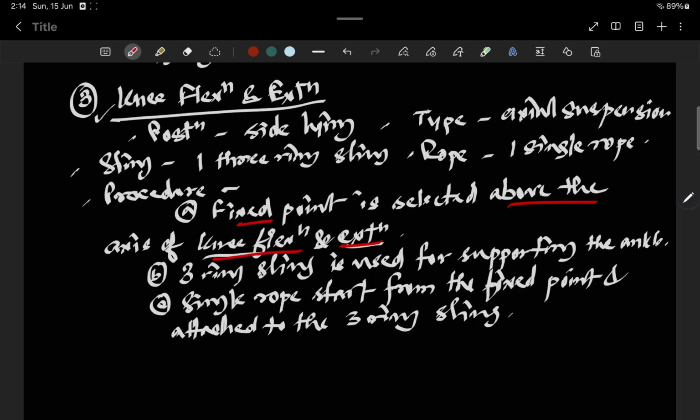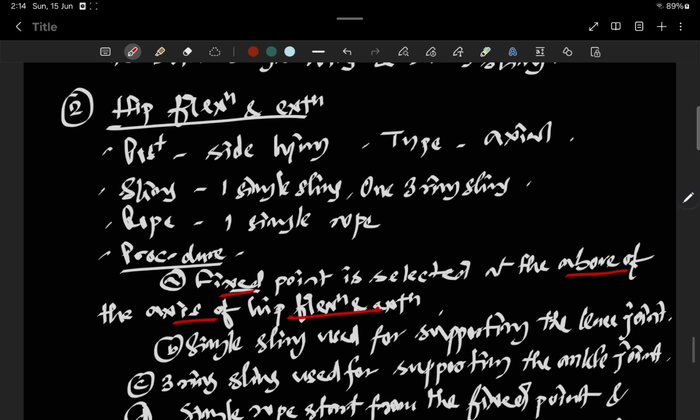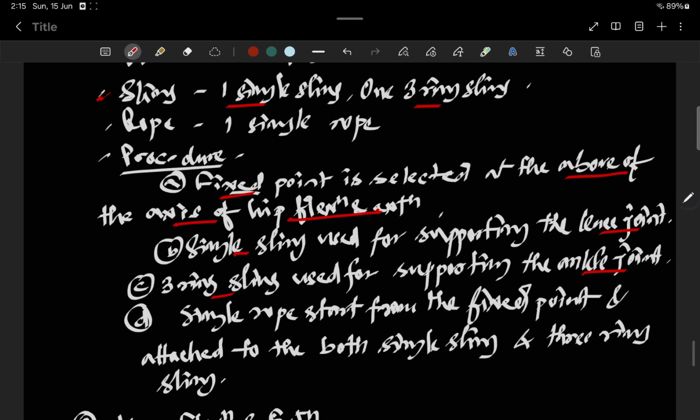And next we will go to the sling. Here the three ring sling is used for supporting the ankle. There are two types of sling, one single sling and one three ring sling. The single sling is used for supporting the knee joint and the three ring sling is used for supporting the ankle joint. Okay, next come to the single rope.